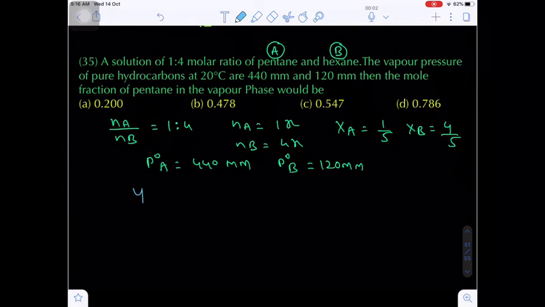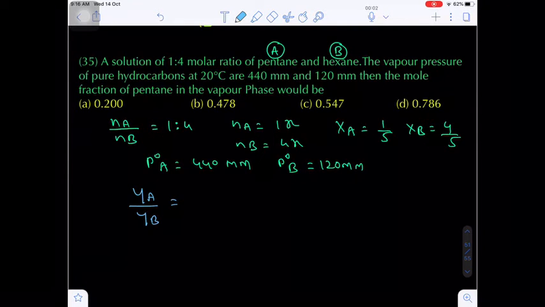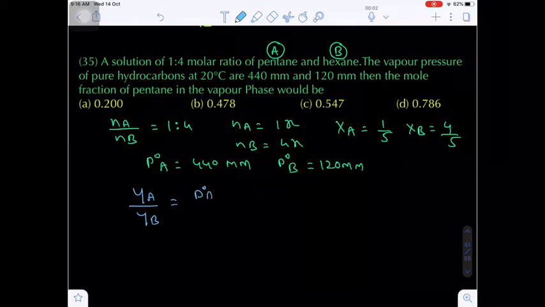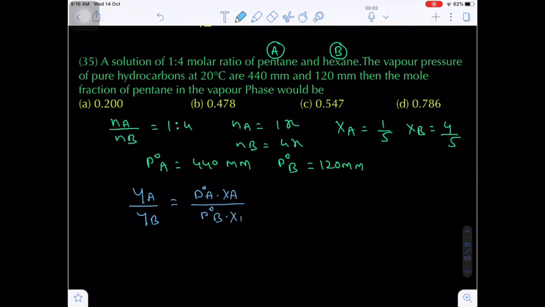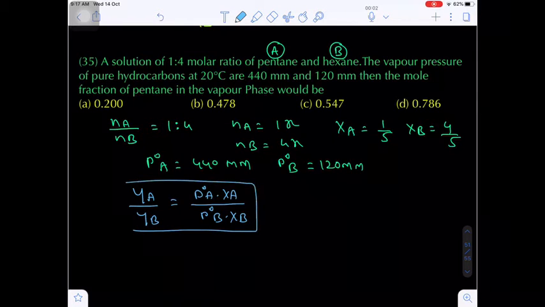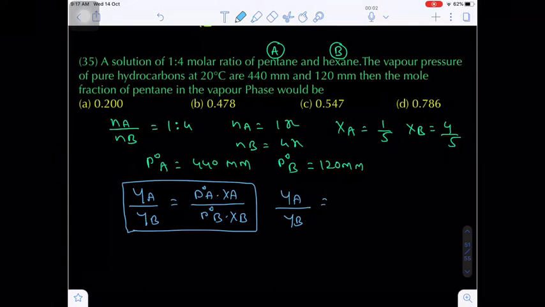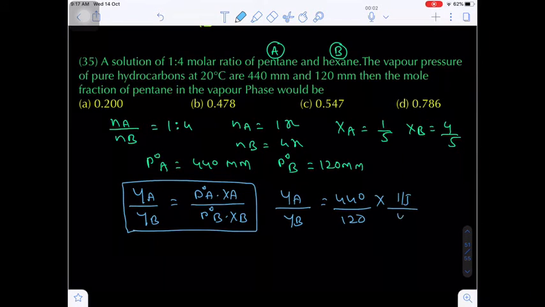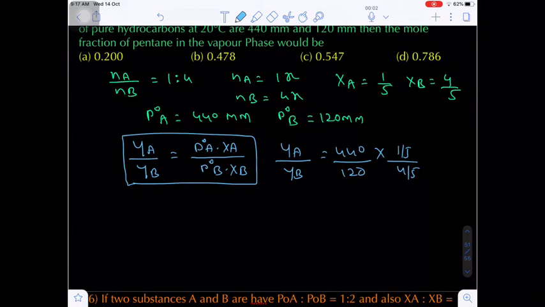Same concept as in the previous question. The mole fractions of components A and B in the vapor phase will be Ya upon Yb equal to P naught A into Xa upon P naught B into Xb. Okay. Now here Ya upon Yb equals P naught A, 440, P naught B, 120, Xa 1 upon 5, Xb 4 upon 5. Are you getting my point?